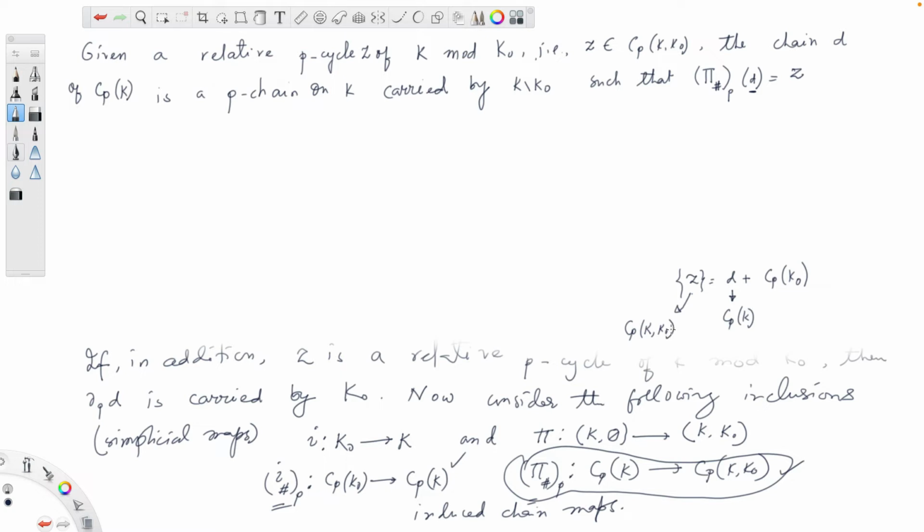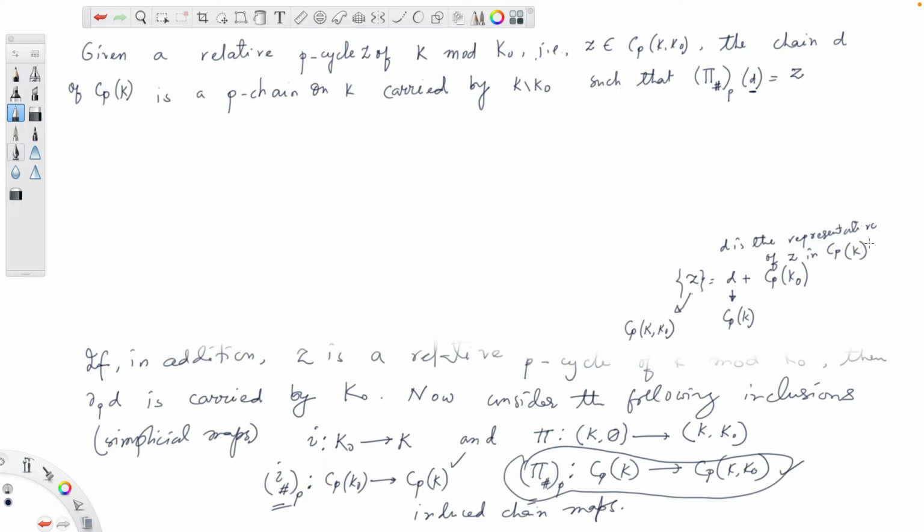In other words, D is a representative of Z in Cp of K.